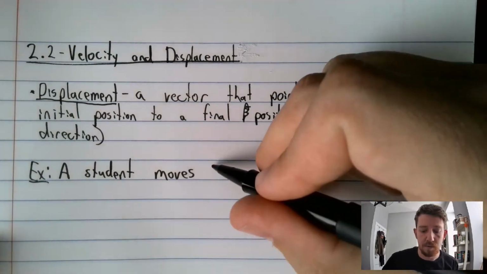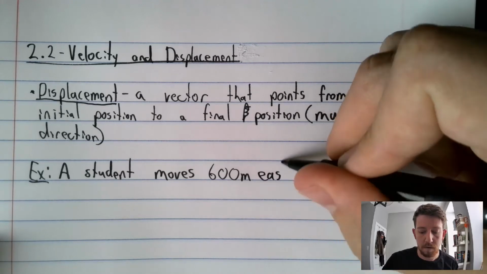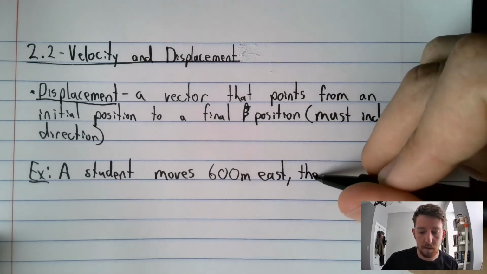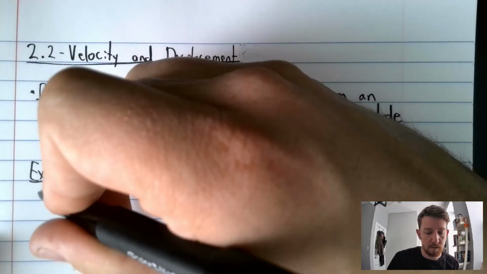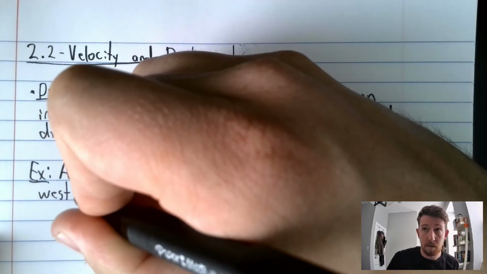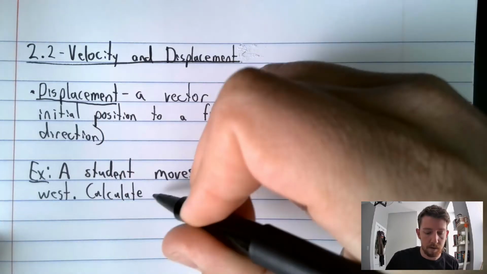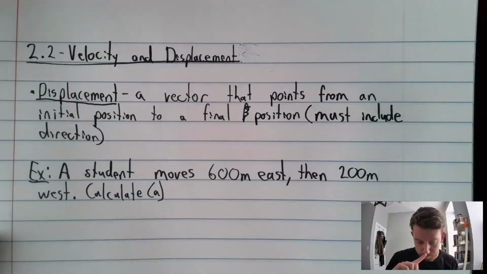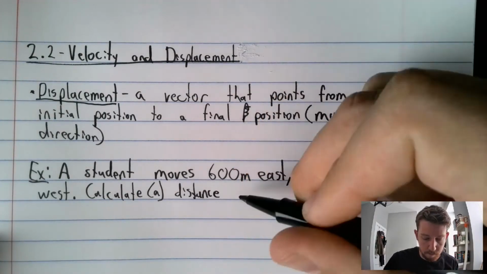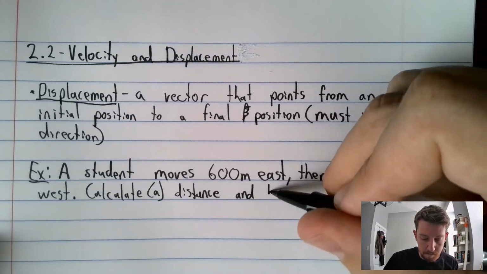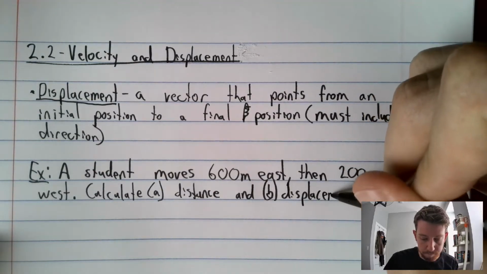Student moves 600 meters east, then 200 meters west, calculate A, distance, and B, displacement.